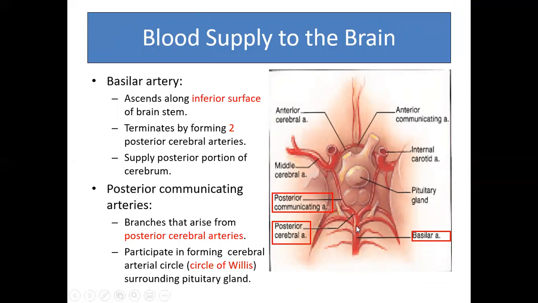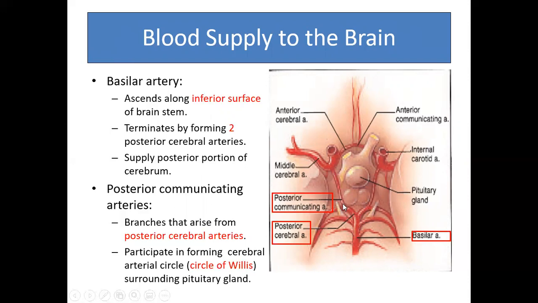If you see from this picture, which is a continuation of the previous picture, the basilar artery ascends along the inferior surface of the brainstem, and this basilar artery will terminate to form two posterior cerebral arteries. We also have the posterior communicating artery here.